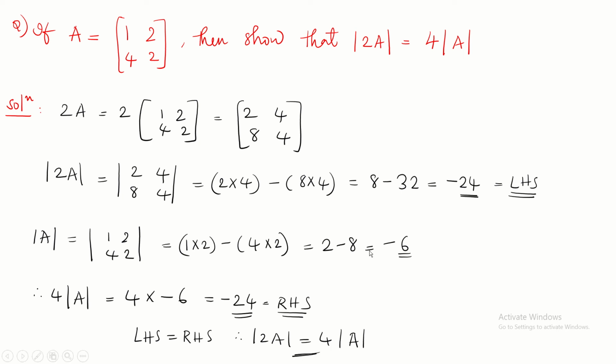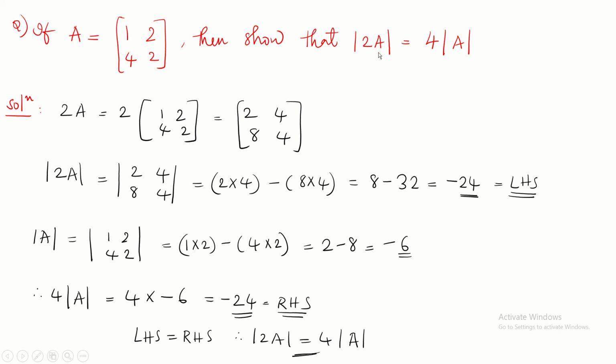I have given all these steps. If you have any doubt in this, you can ask, because it is the same as the previous problem. Just check that LHS should be equal to RHS. First you have to solve for LHS, then you have to solve for RHS.